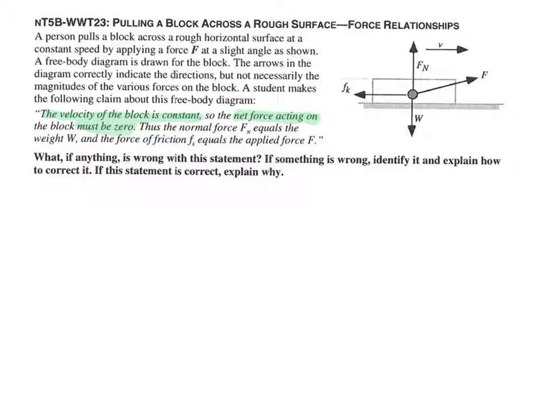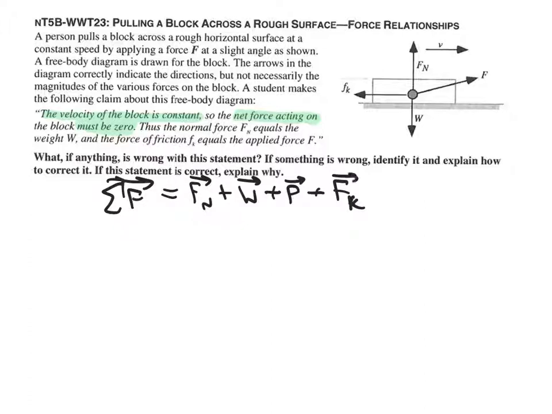What that says in a vector sense is that the sum of the forces, which from our diagram is Fn, the weight, the force we pull at, and the frictional force, those are our four forces, has to equal ma, and that has to equal 0. So that would have been a correct statement of the second law.